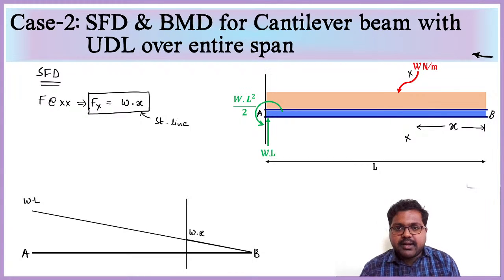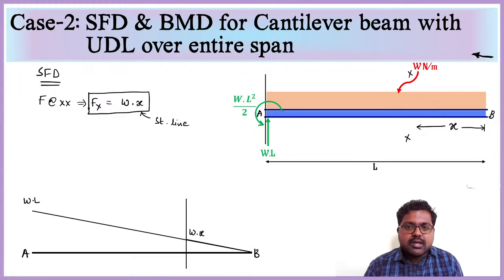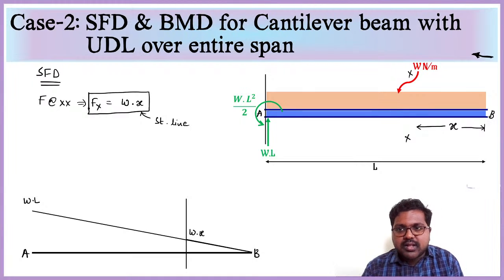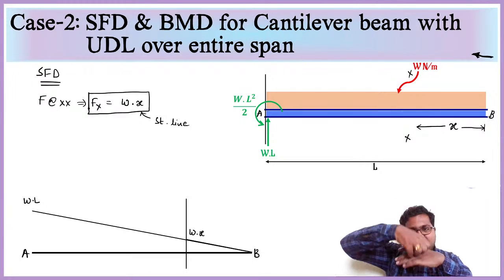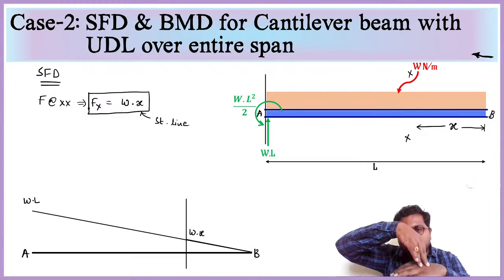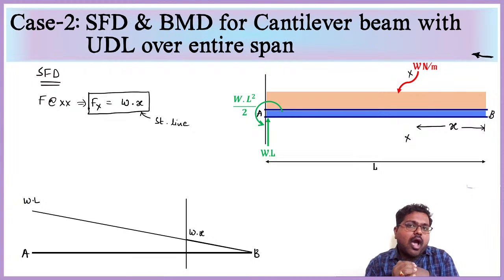Now immediately to the left of the section, what is happening here? This W into L reaction is also acting upward. All these forces from the right hand side are acting downward.